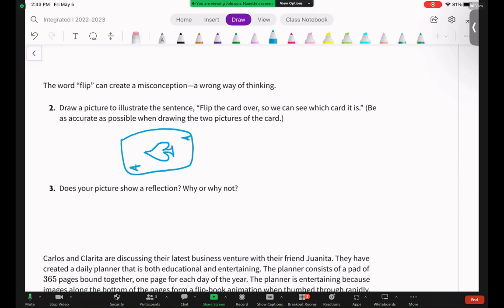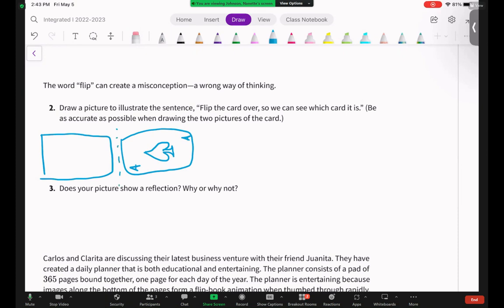So if that's my ace and I tell you to flip the card over, pretend first you have this deck of cards and it's right here. When you flip it over, it looks like this. But let's pretend that we can actually see inside that card. So we flip it over, right?